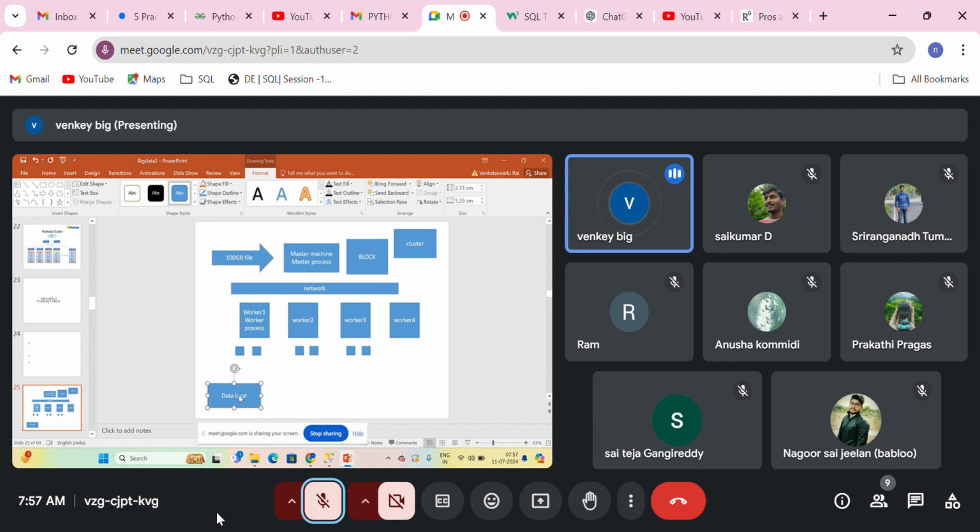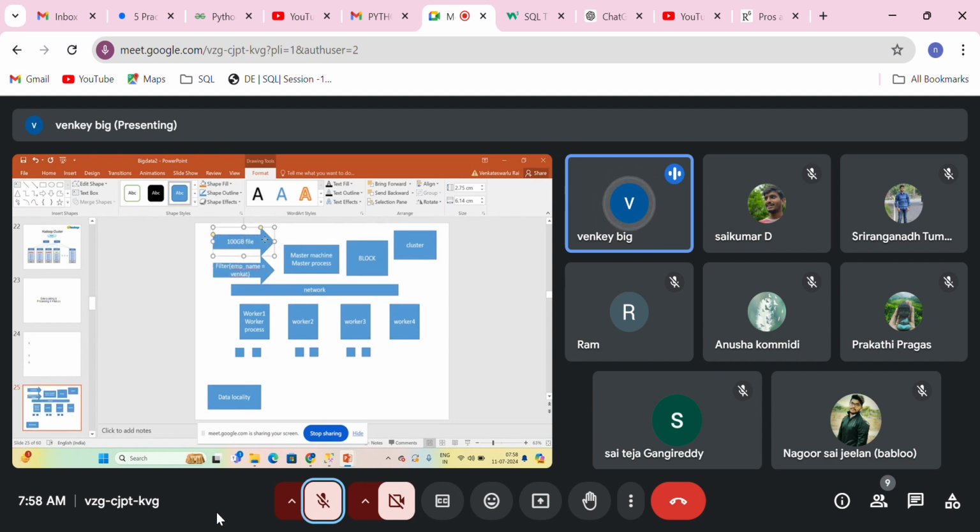So data locality, meaning when you are sending a processing request. What do I mean by processing? Let us take an example. I stored the 100 GB data, and I want to apply a filter: employee_name equals Venkat. So this is my processing.